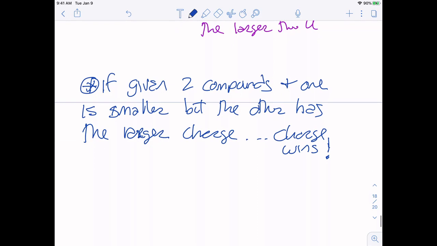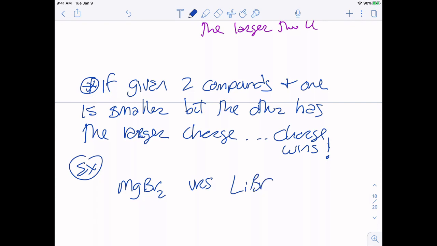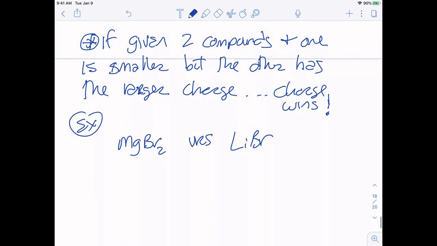So if I was to compare magnesium bromide versus lithium bromide. So I'm keeping bromide the same again, just to not throw too many variables in the mix. But I have magnesium, which has a +2 charge, and lithium with a +1 charge.